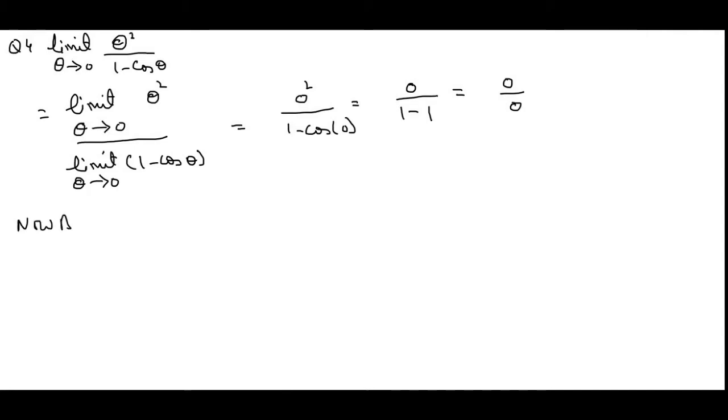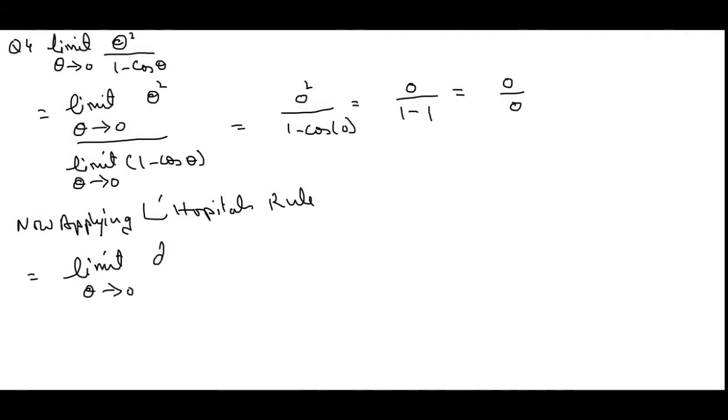Now applying L'Hospital's rule, it is limit theta approaches 0, d by d theta theta squared, because we are differentiating with respect to theta here, and limit theta approaches 0, d by d theta 1 minus cos theta.